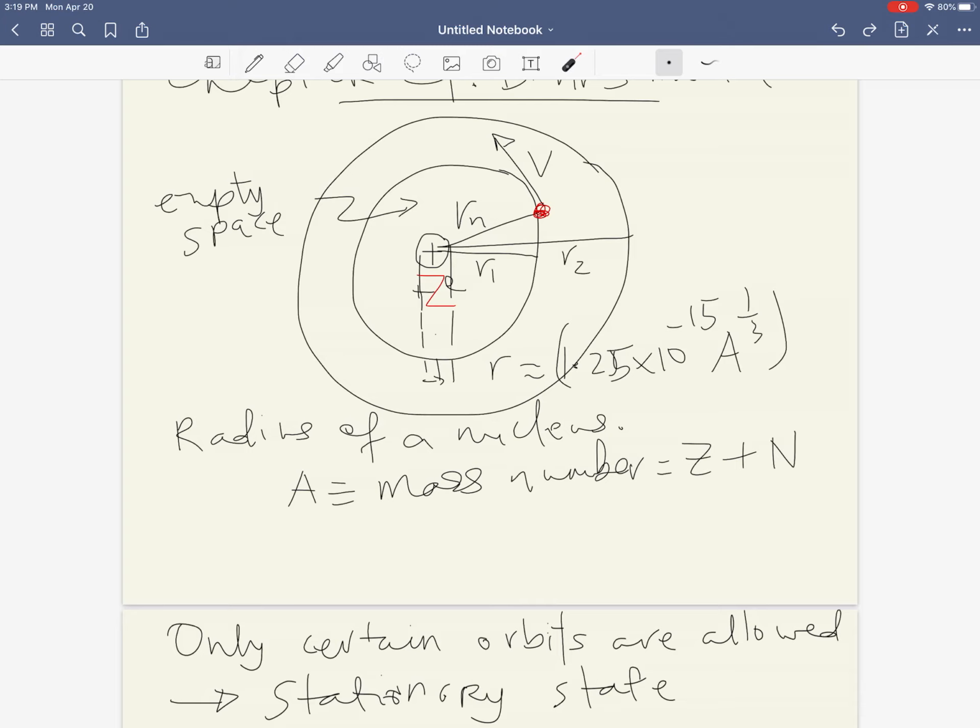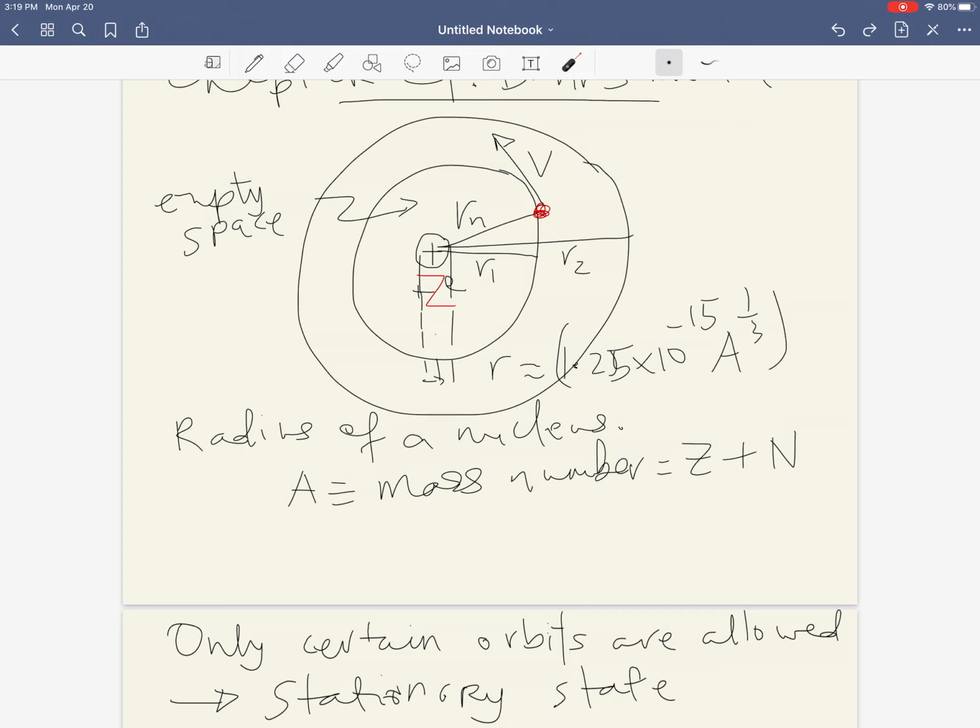discuss. But orbiting the nucleus are the electrons. So in the case of hydrogen, there's this single electron that orbits the nucleus with a certain radius, which I have described as r sub n.